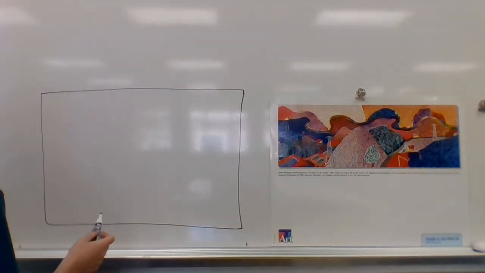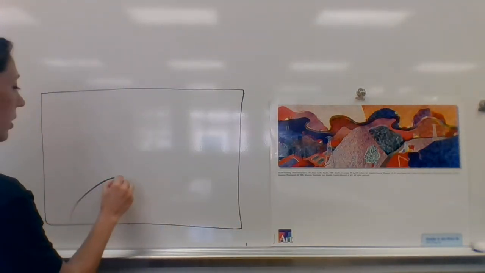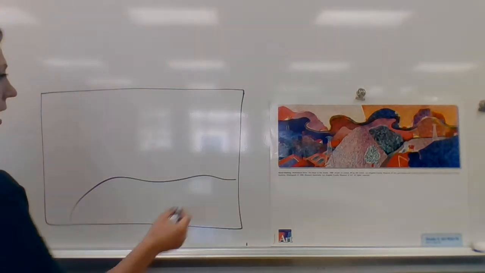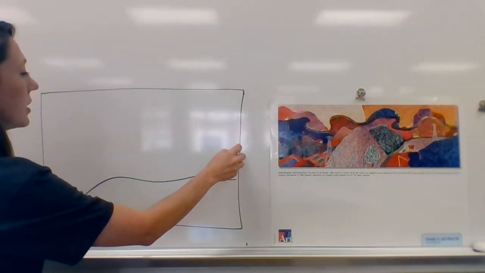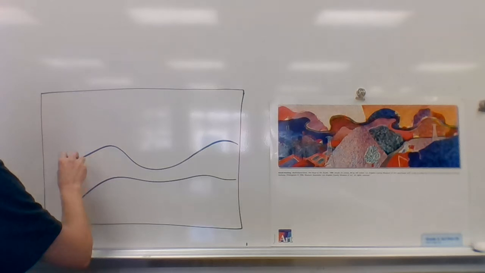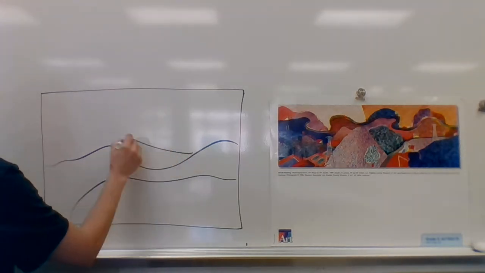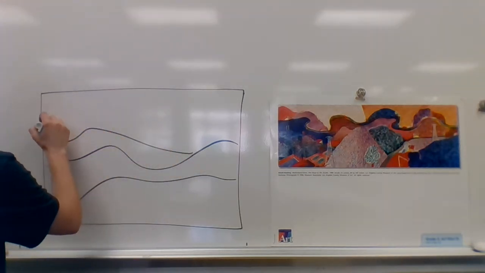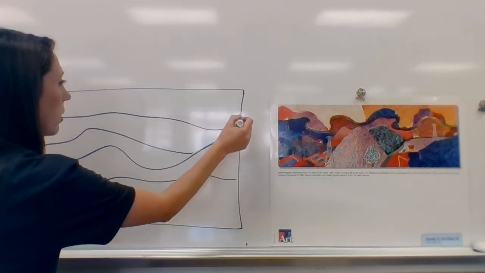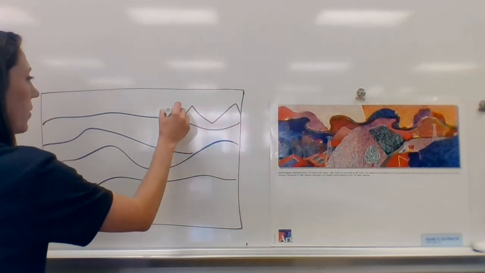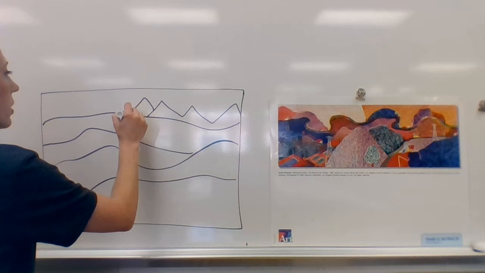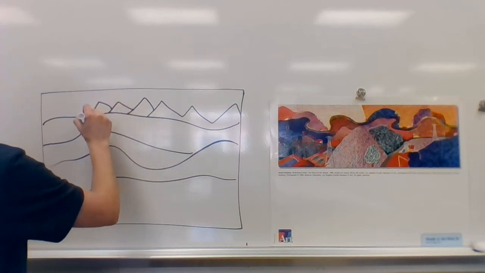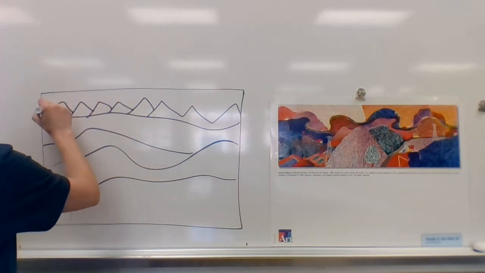So let's say that in the foreground, there's an area here. And then the middle ground, let's say I have some more hills. And then really far away, let's pretend that I have some mountains, and they look small because they are in the background.